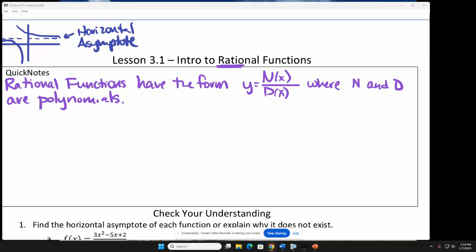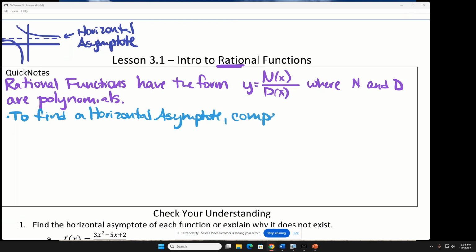All right, so if we're going to find the horizontal asymptotes, compare the degrees of the numerator and denominator. Just do n and d though.